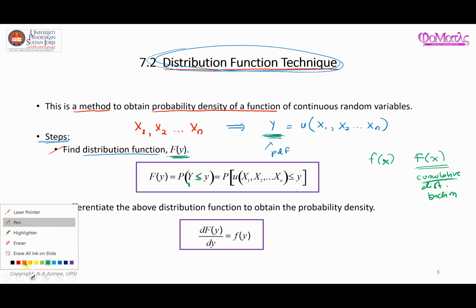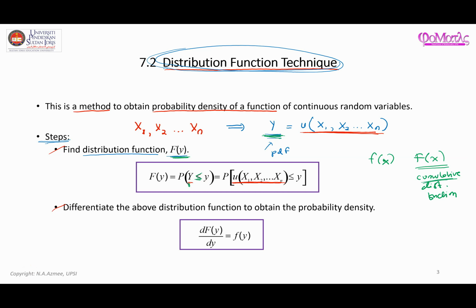To get that result, we can replace Y with this function that depends on x. So you replace Y with the combination of all x's that you have, or if you have just one random variable, then it is just that random variable x. That's the first process, and by doing this, you'll get the distribution function, the big F.